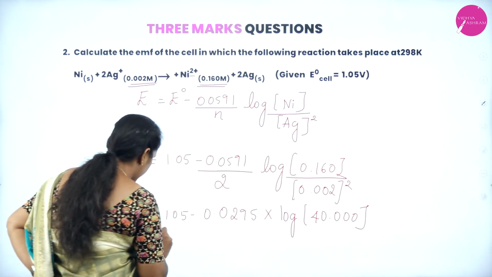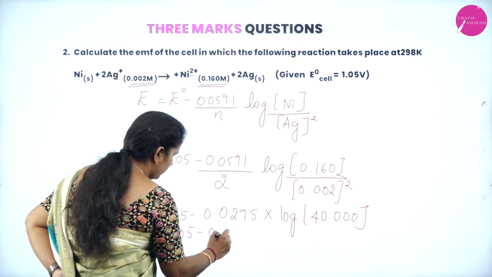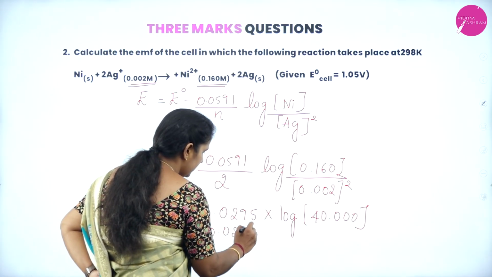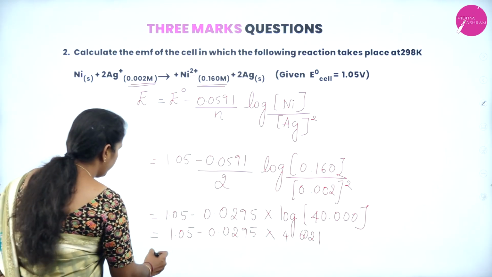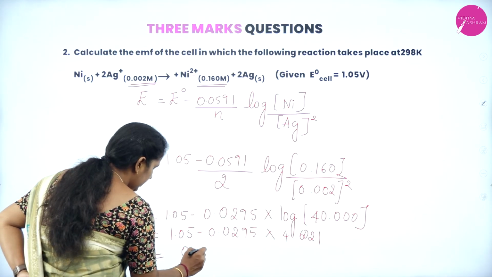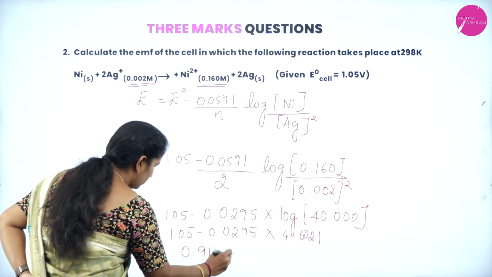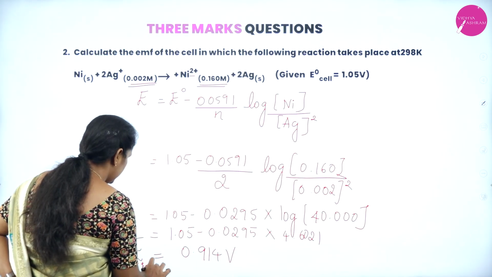Log of 40,000 you need to calculate. 1.05 minus 0.0295 into 4.6021. Now, if you do this subtraction, you will get 0.914 volts. So, this is the EMF of the cell.